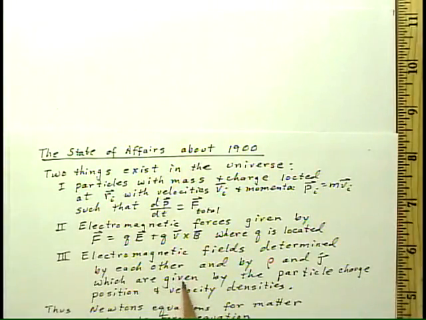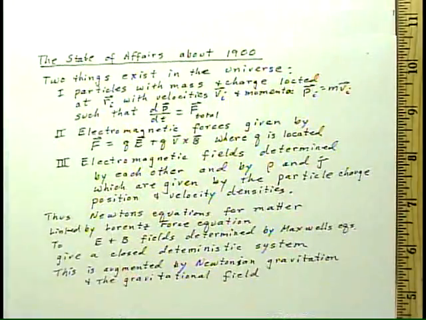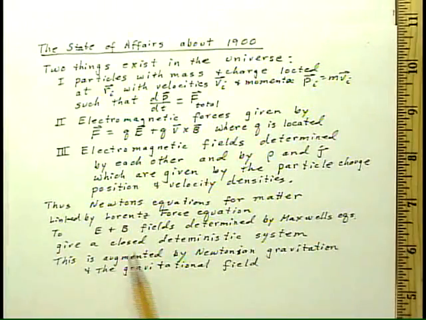This is further complicated by the fact that the changing magnetic fields also give rise to these fields. Thus, Newton's equations for matter, linked by the Lorentz force equation to electric and magnetic fields determined by Maxwell's equations, give a closed deterministic system. This is augmented by the Newtonian gravitational force and the gravitational field, which will be treated separately.